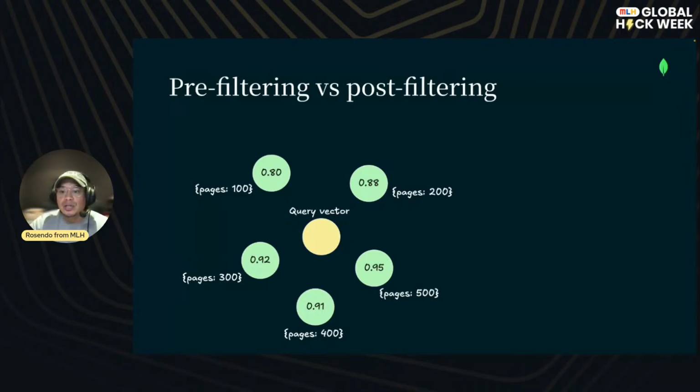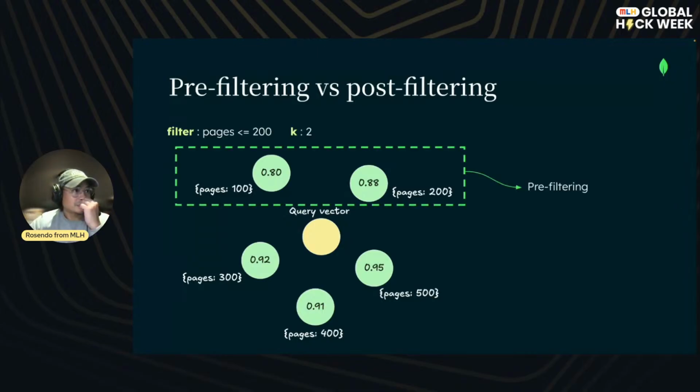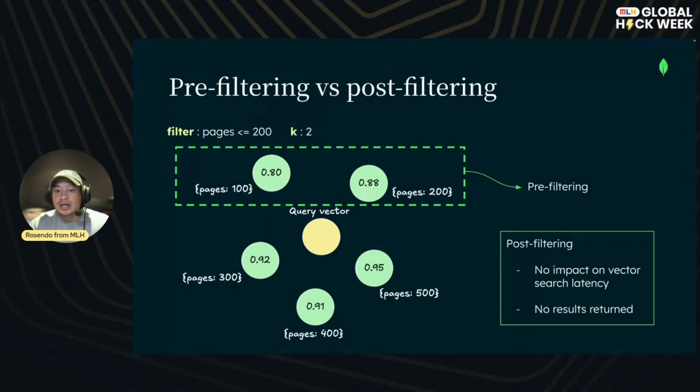With pre-filtering, it's going to exit as soon as it finds those 2 candidates. Whereas if we apply this as a post filter, we're only going to end up doing the full search and grabbing these 2 documents with similarity scores of 0.95 and 0.92, only for the filtering to drop the results.